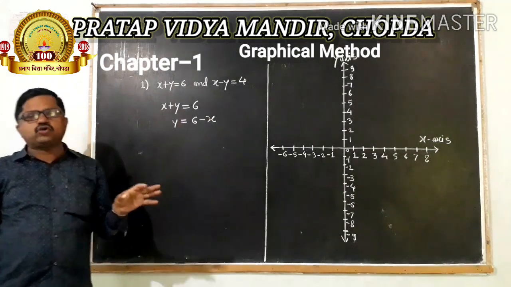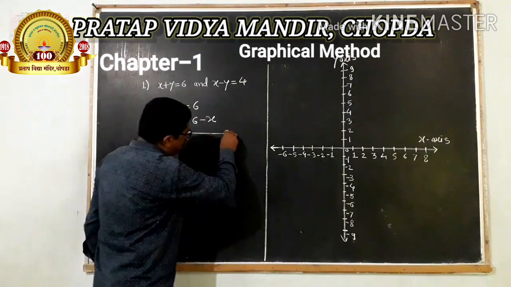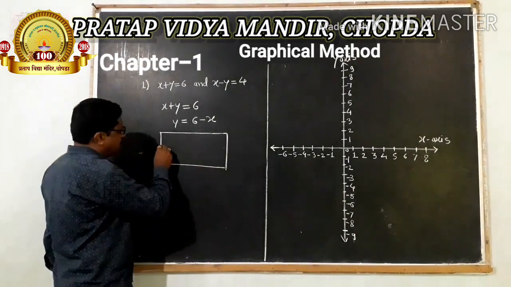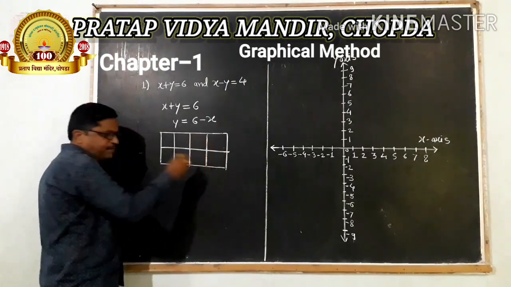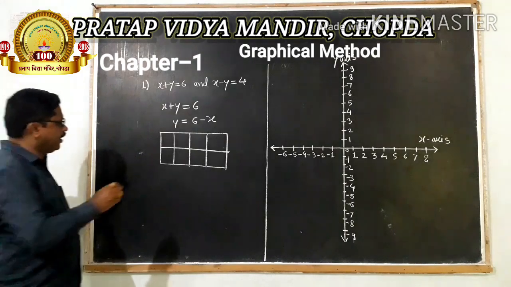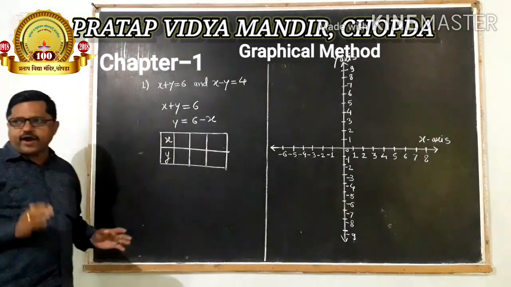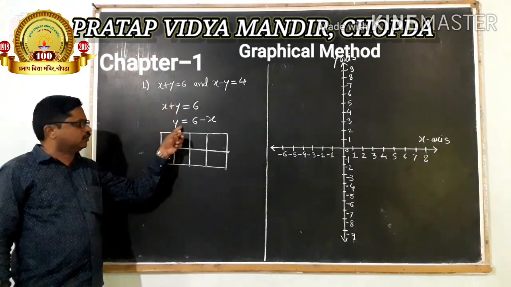To find the values of the coordinates, prepare a table of values of x coordinate and y coordinate like this. Take x coordinate here, y coordinate here. Then how do we find the values of x and y for this linear equation?